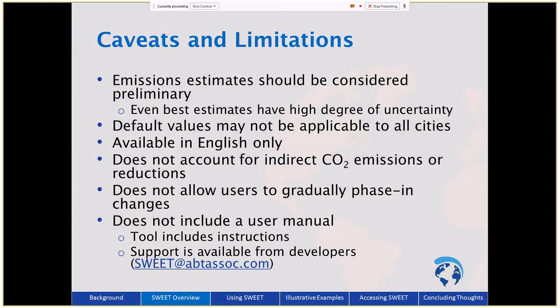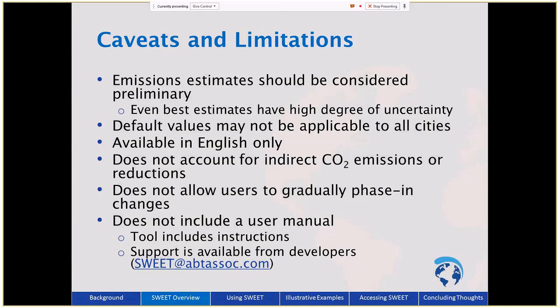There are some caveats or limitations to the Suite tool that users should be aware of. First of all, and this is a very important point, the emissions estimates should be considered preliminary. Even the best estimates using the best available methods and data have a high degree of uncertainty.